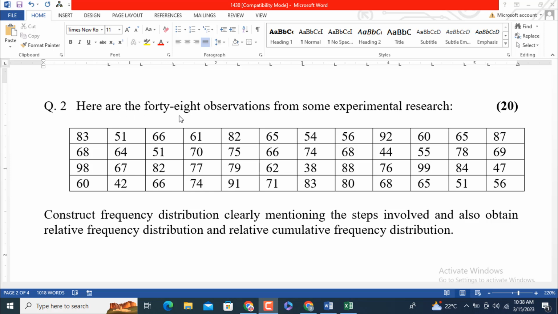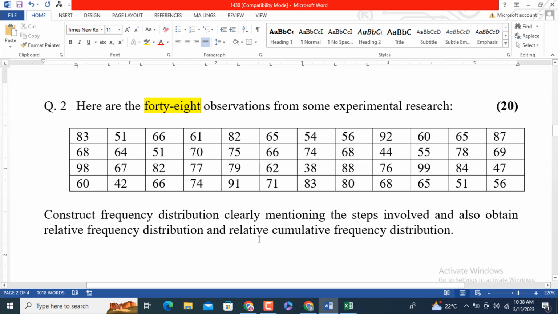Here are 48 observations already given to you, number of observations from some experimental research, and these are the raw data. So the first requirement is to construct a frequency distribution, clearly mentioning the steps involved, and also obtain the relative frequency distribution and the relative cumulative frequency distribution.